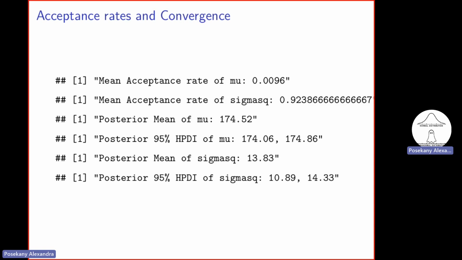So apparently, sigma is not the thing which is worrying here, but for the mean simulation, we have the problem that only 1 in 100 samples is actually accepted. And all the others we're proposing and proposing and proposing, and it's not accepting 99% of our proposals, which is not good.